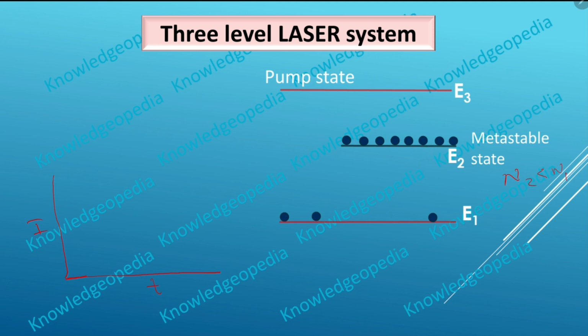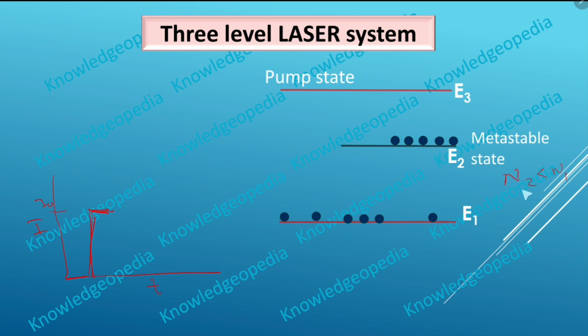Once population inversion takes place and stimulated emission starts, we get the output, let us say of some value I naught. But when these atoms move down to E1, after some time the number of atoms at E1 is more than the number at E2.